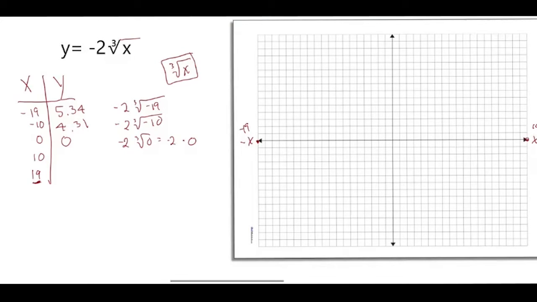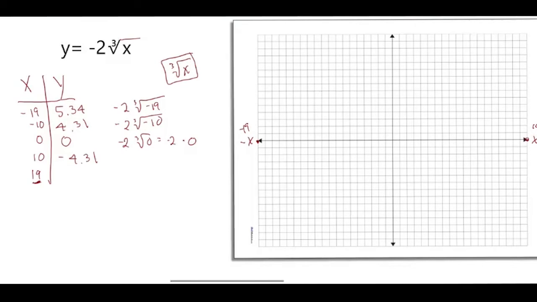Well, I'm going to do that times -2. All right. And I'm going to notice that this is -4.31.